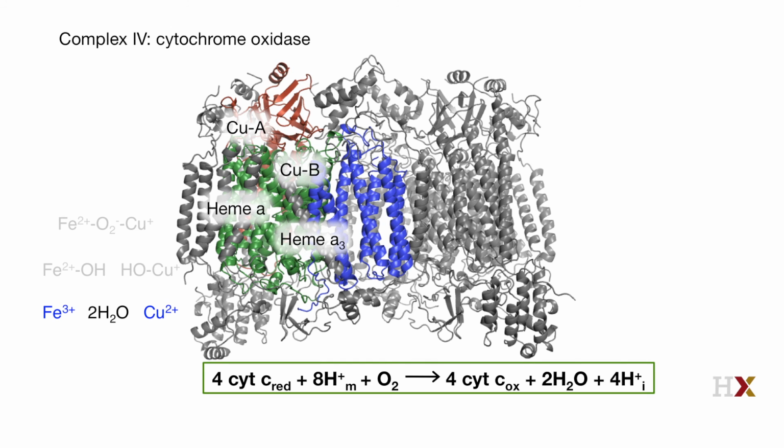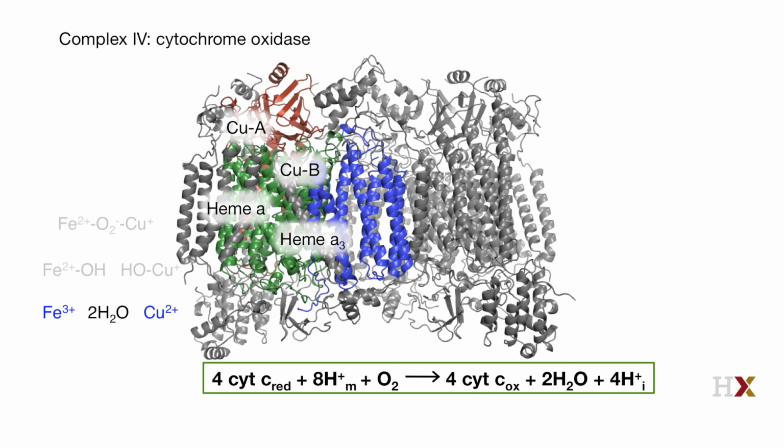So overall, 4 reduced cytochrome C are consumed, are oxidized. 1 molecule of oxygen is converted into 2 molecules of water.